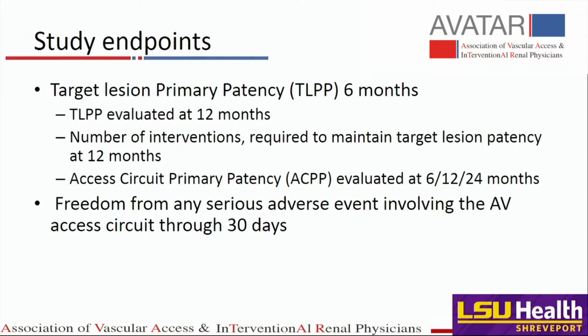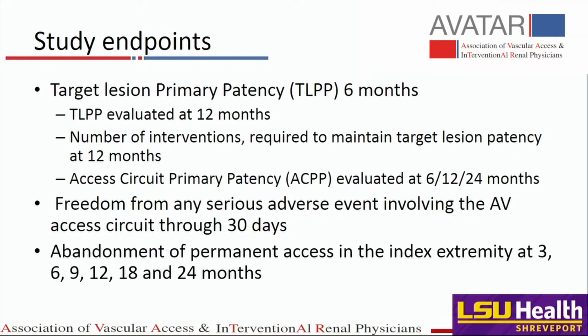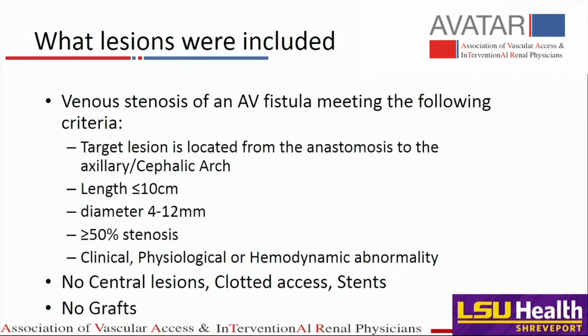But also, what is the access patency after you've used the drug-coated balloon angioplasty? This was checked at 3 months, 6 months, 12 months, and 24 months. Then, were there any adverse events when we used drug-coated balloons in this application? Was the access abandoned at any time? That was also one of the secondary endpoints.